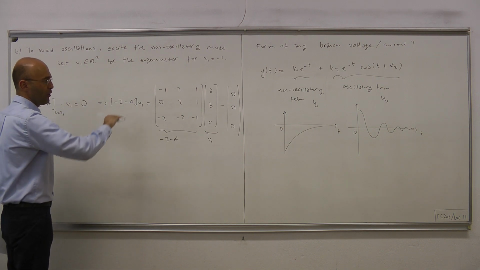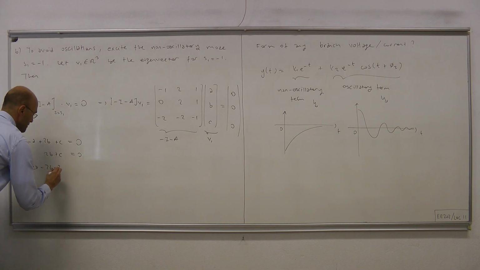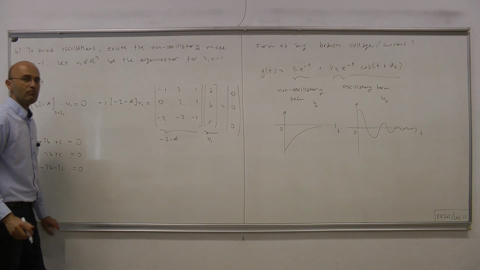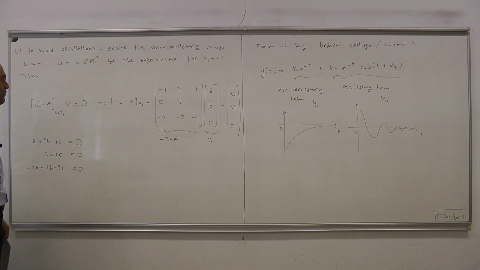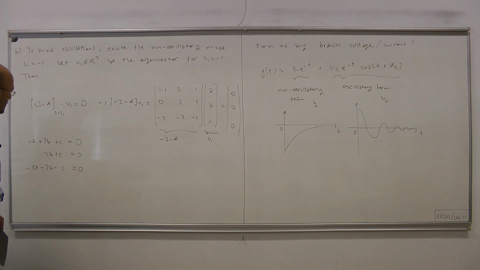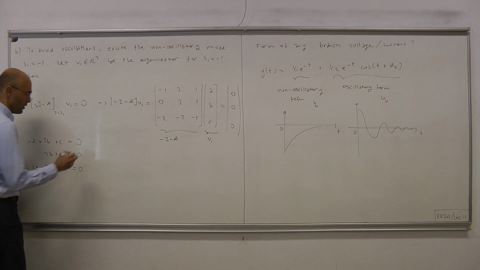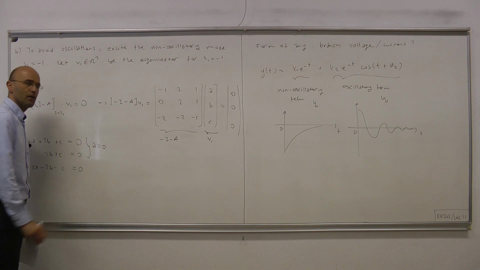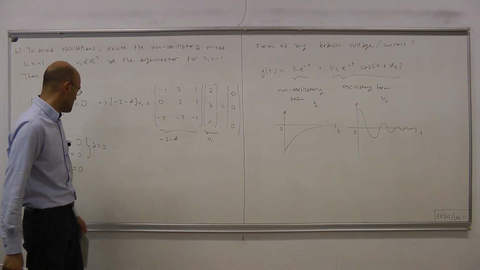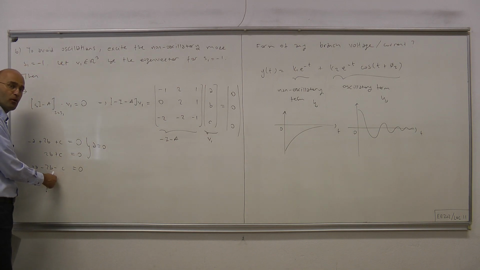And the third row gives us minus 2A minus 2B minus 2C equals 0. Excuse me, this is minus C. Now, 2B plus C equals 0, and minus A plus 2B plus C equals 0, so it means that A must be 0. And then we don't even need the third equation.